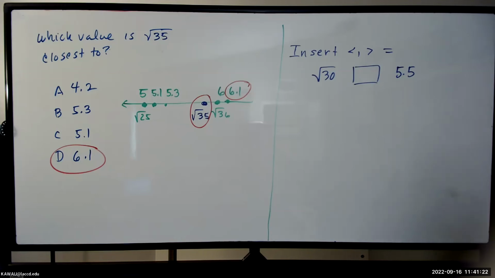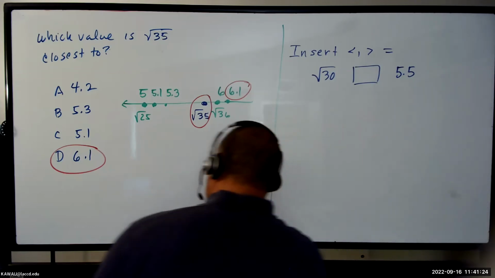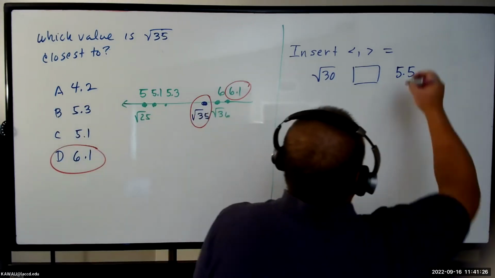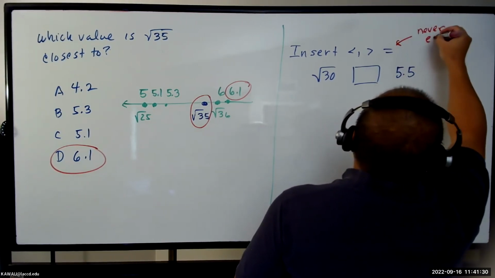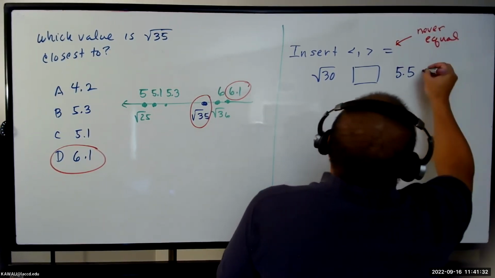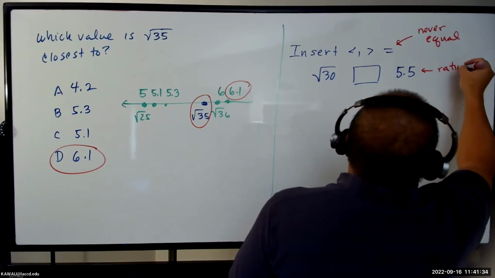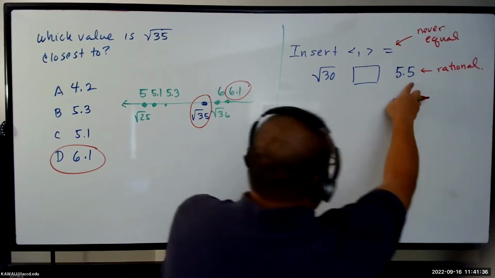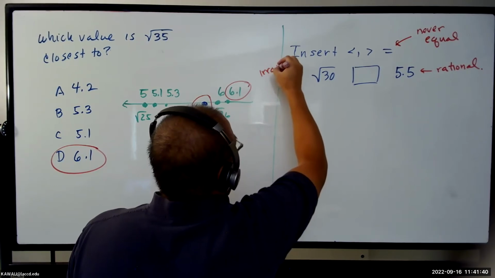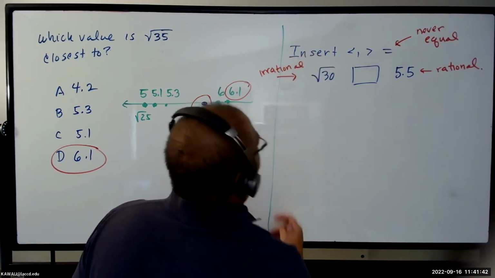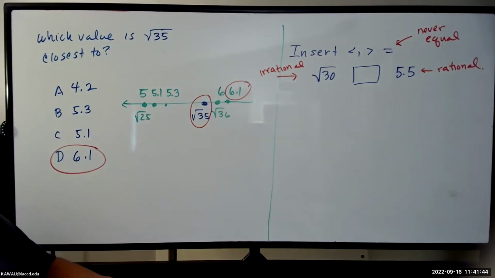Okay. Now understand that this will never be equal. Because this is rational, right? It stops. This is irrational. So no matter what, it will be less than or greater than.